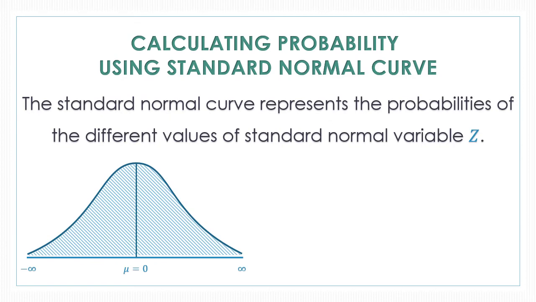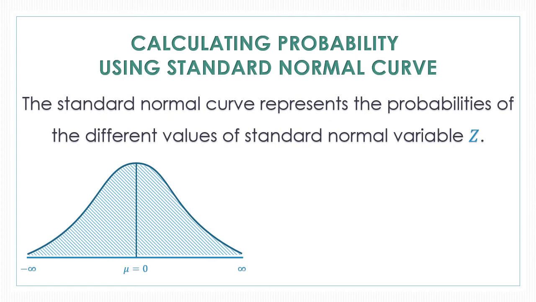This highlighted part is the area under the curve, and because this is a probability curve, it naturally depicts the probabilities of the various values of the variable z, which is between negative infinity and positive infinity. So the whole area of the curve depicts the probability, and we know that the total probability of all the values is 1. That means the whole highlighted part has a probability value of 1.